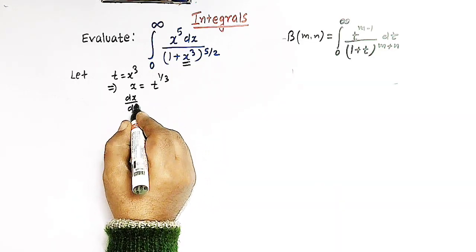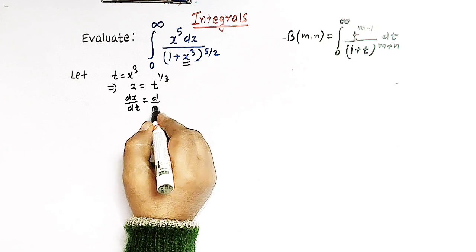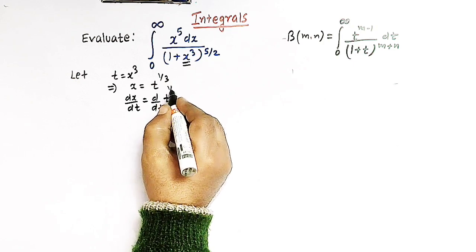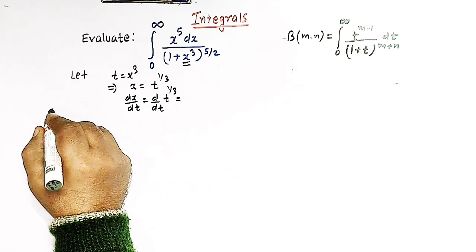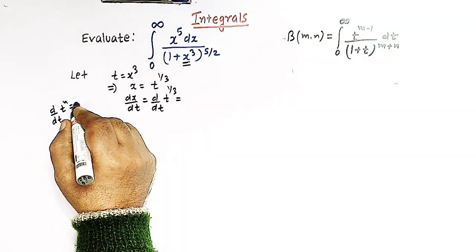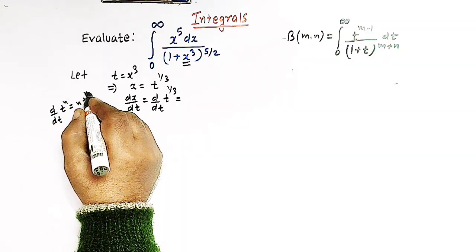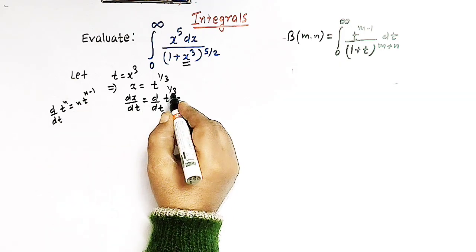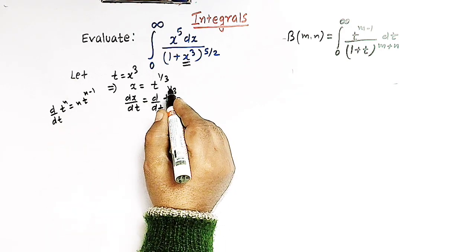We have dx over dt is d by dt of t raised to 1 over 3, and making use of the power rule, n t raised to n minus 1, where the value of n is 1 over 3.